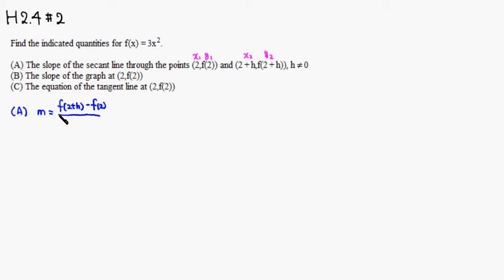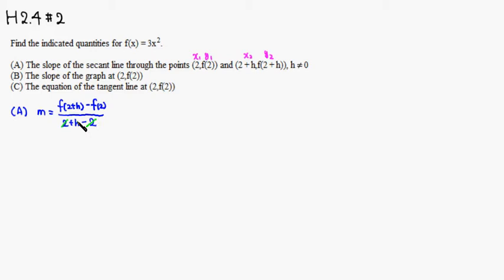over x2, which is 2 plus h, minus x1, which is 2. Right? And first thing we can do is cancel 2 and negative 2 there.